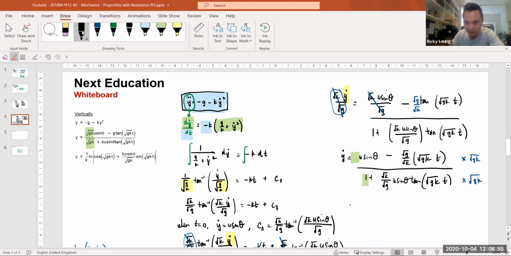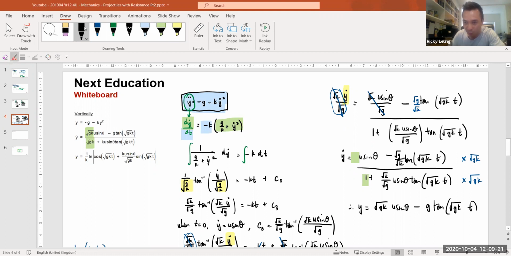And I have it. I get the expression that I want, root GK u sine theta minus G. Oh, my tan inverse, my tan disappeared. So I'm just going to put my tan back in, and that guy there was root G on root K, G tan root GK, right?